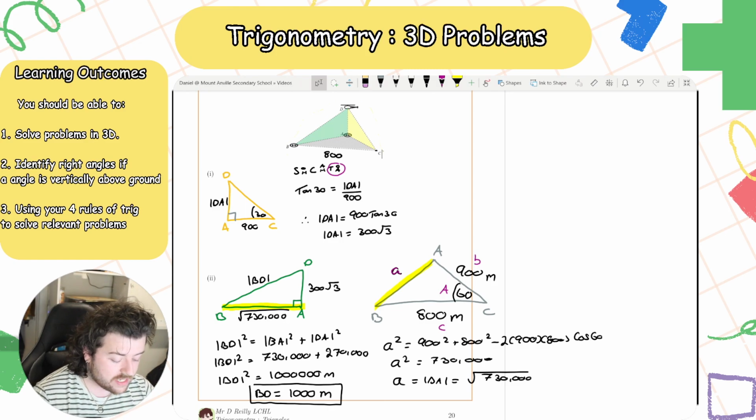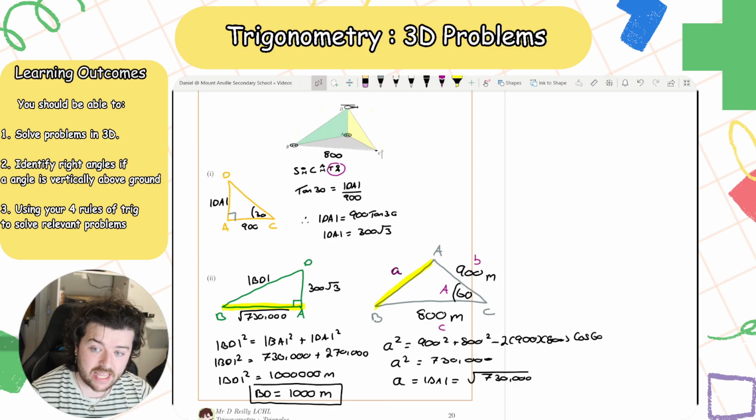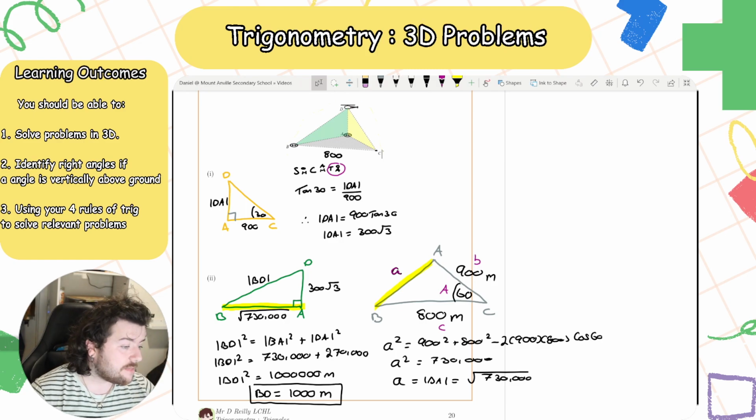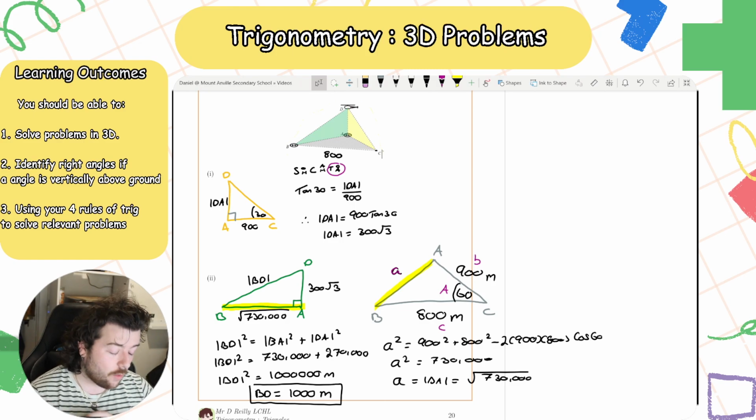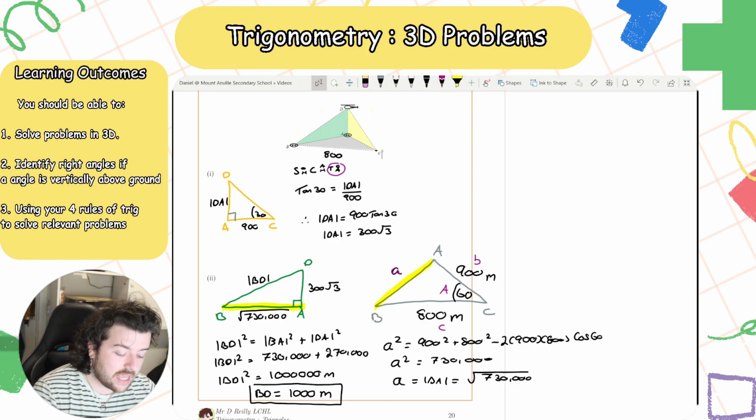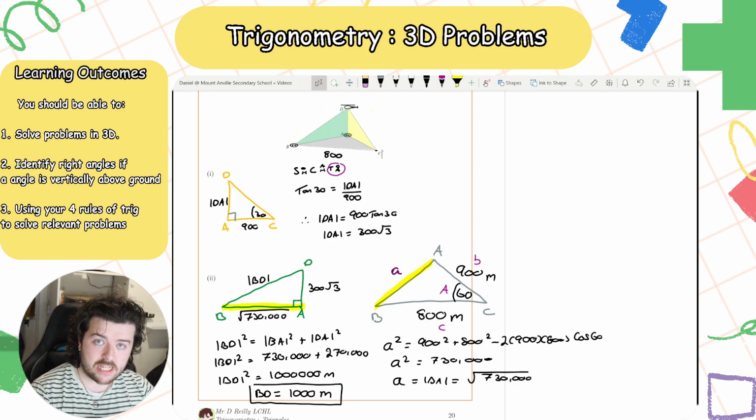Make sure you always sketch out diagrams, and make sure you always link in or color up what sides have in common. Sketch, sketch, sketch. If you don't have enough space, go to the back page and sketch out the problem. Use your pens to model what's happening within the problem. So the key to 3D problems is practice, practice, practice.